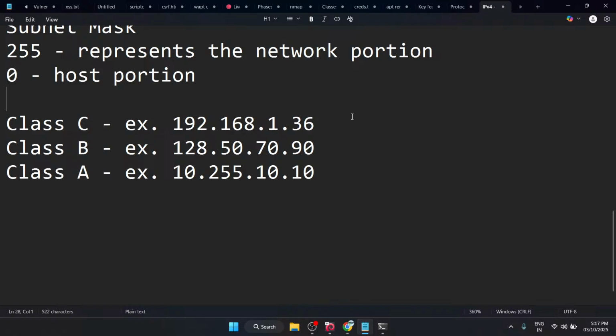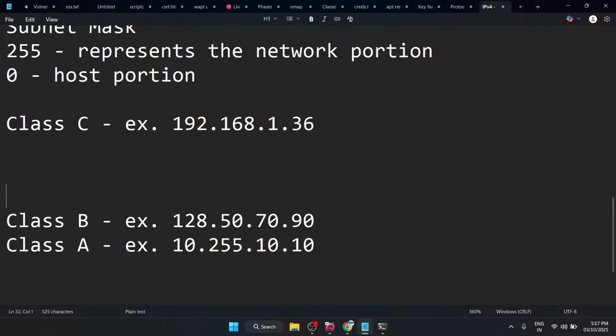Now let's start with a few more terms. What's gonna be the subnet mask for this class C IP address? How do we know? Because of the range of the first octet, we know this is a class C IP address.